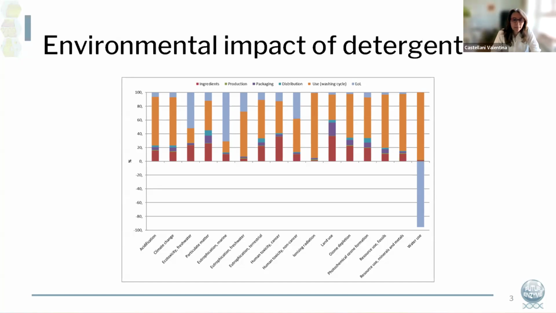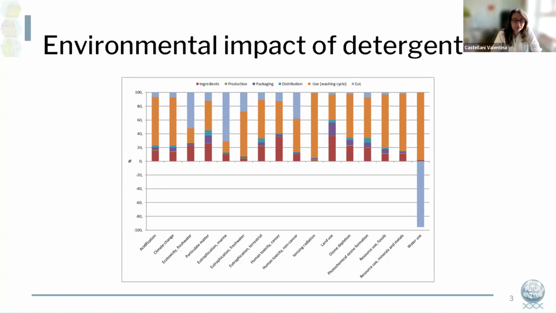And basically, the functional unit, the reference unit for our study, is washing 7 kilograms of clothes in a washing machine with a single cycle at 40 degrees temperature and using a washing dose of 45 milliliters of detergent.